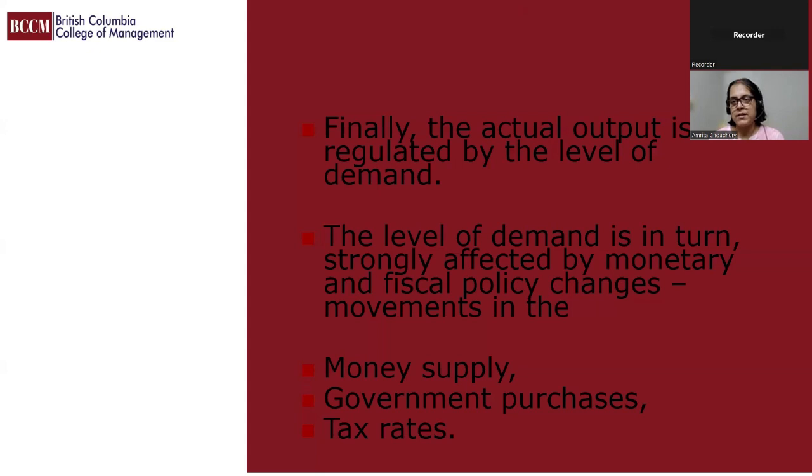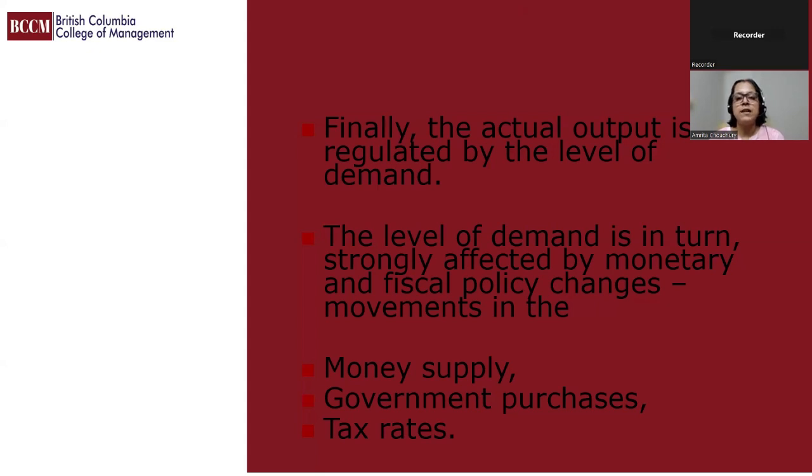If we denote the consumption demand from the households as C, the investment demand from the firms as I, and the government expenditure on goods and services as G, we can say that the aggregate demand in the economy, AD, or Y, is equal to C plus I plus G. That is, consumption demand plus investment demand plus government expenditure on goods and services.